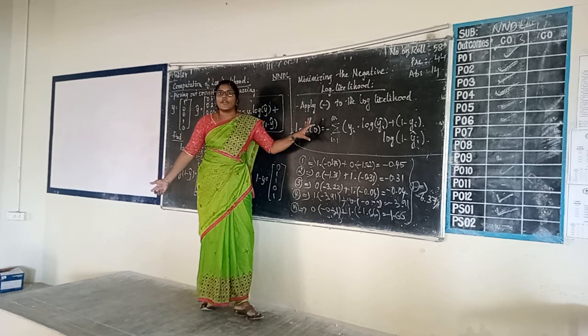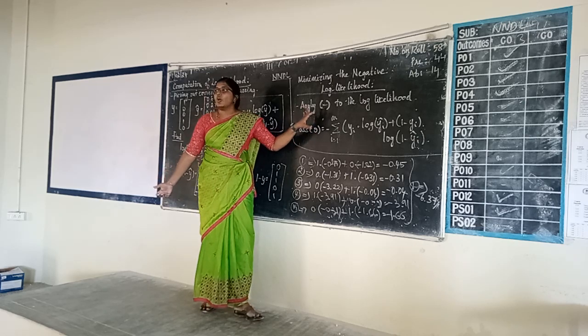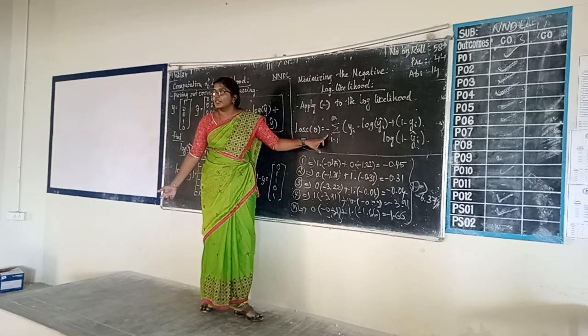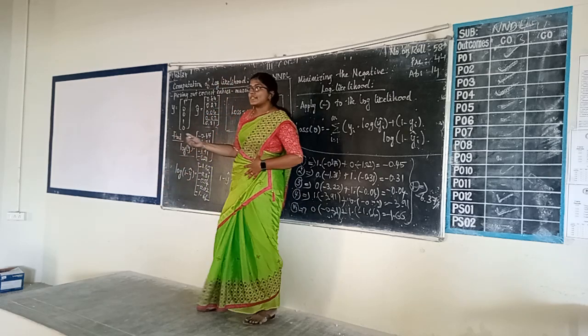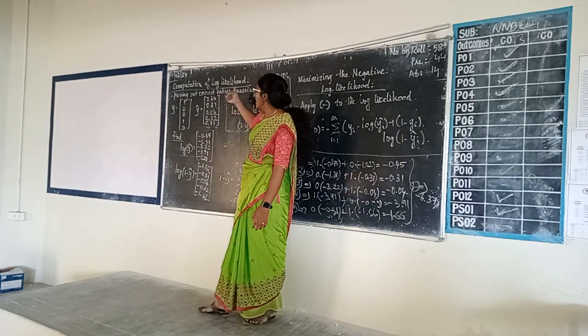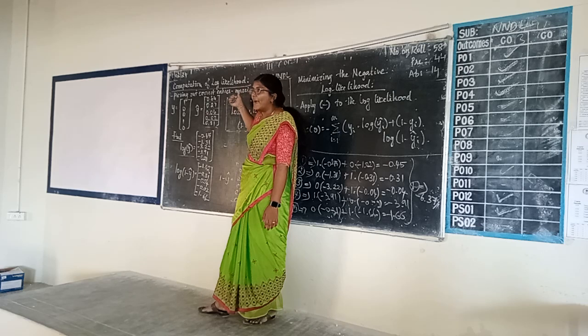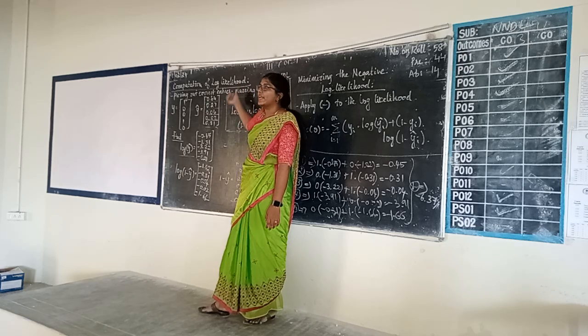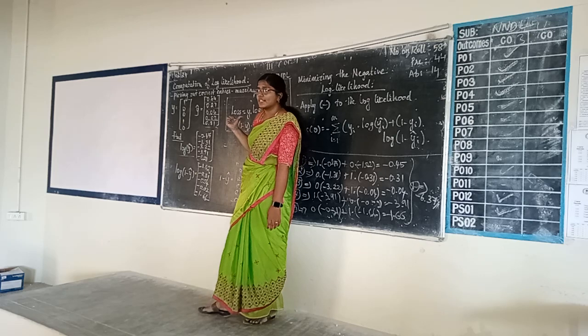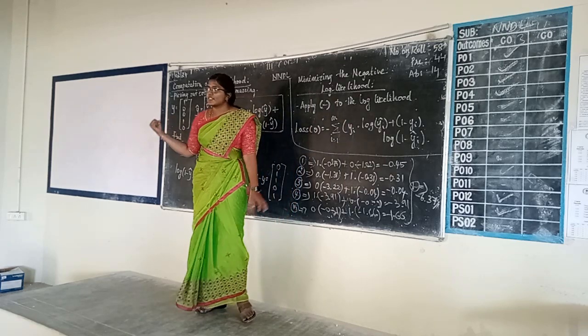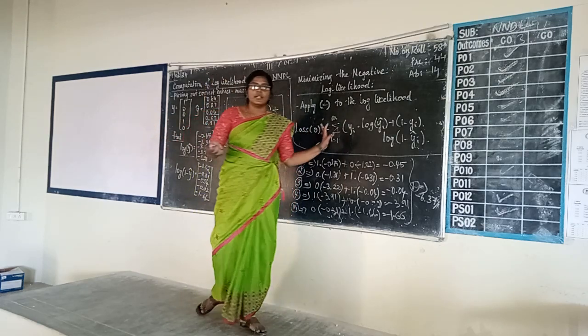If the problem says to apply the negative log likelihood function, you have to use this formula, the same formula with the minus. Or else, if the problem statement says computation of log likelihood or maximum log likelihood, you can use this formula. Got it? Clear? Just simple, right?